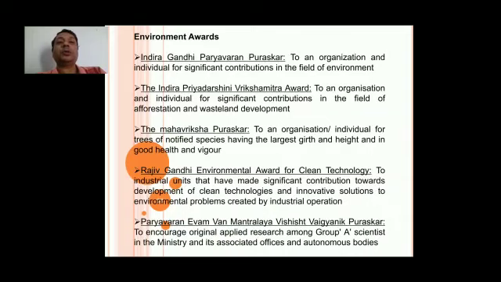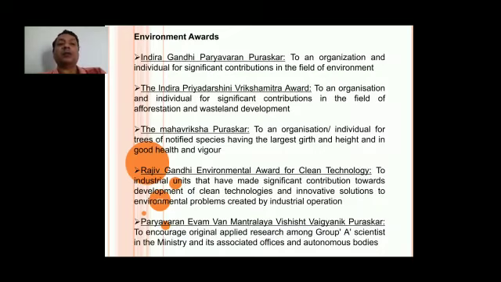The Indira Priyadarshini Vraksh Mitra Award to an organization and individual for significant contribution in the field of afforestation and wasteland development. The Mahavraksh Puraskar to an organization or individual for trees of notified species having the largest girth and height and in good health and vigor.